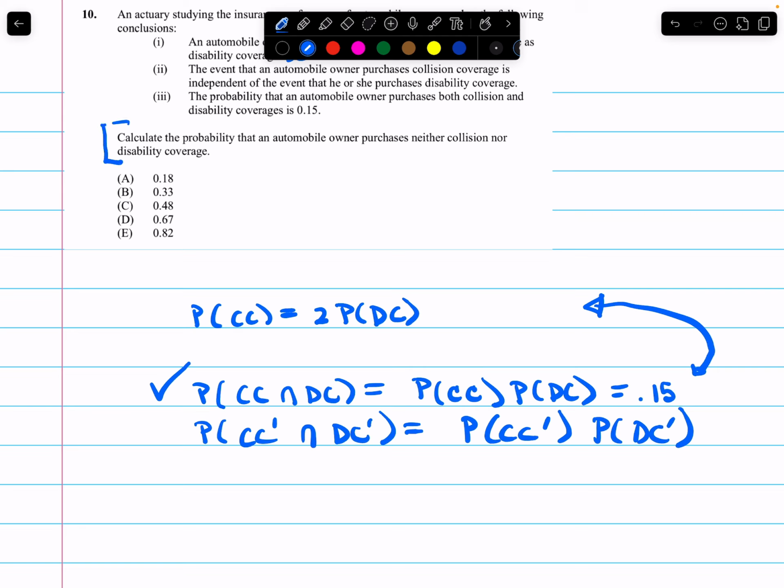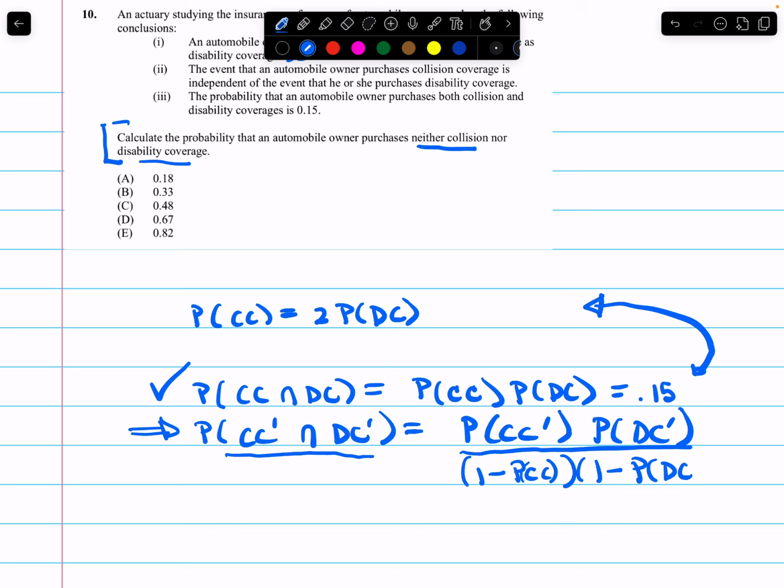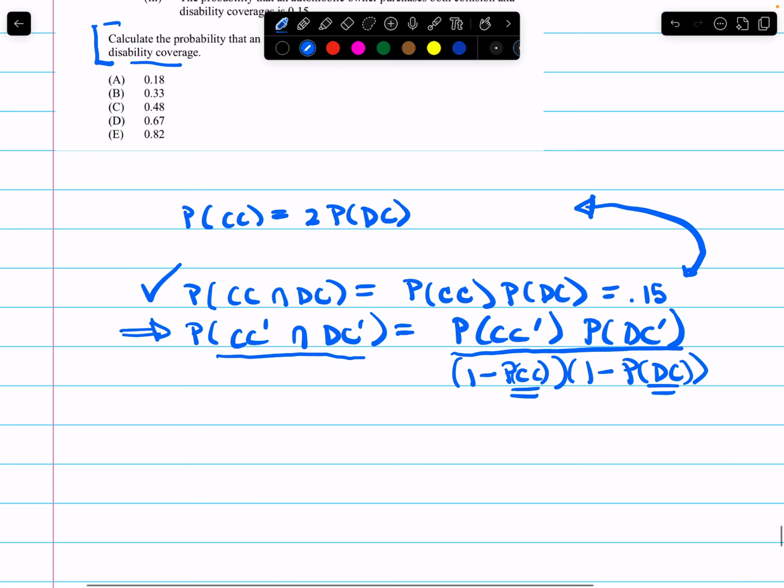Calculate the probability that an automobile owner purchases neither collision nor disability coverage. And that's this one. So we're looking for the probability of not CC and not DC, which we know is going to be this product, which is 1 minus P of CC times 1 minus P of DC. So we're just left with figuring out P of CC and P of DC.